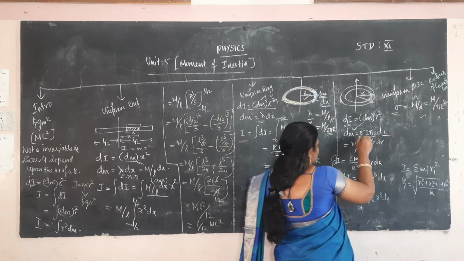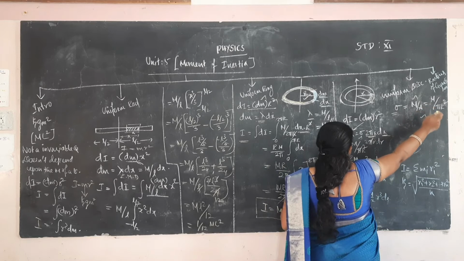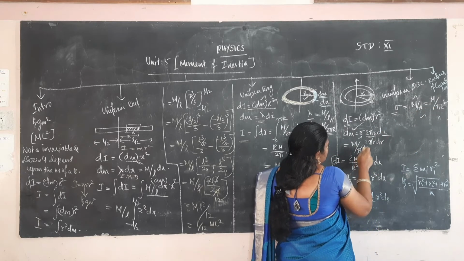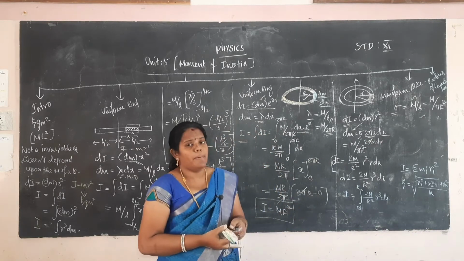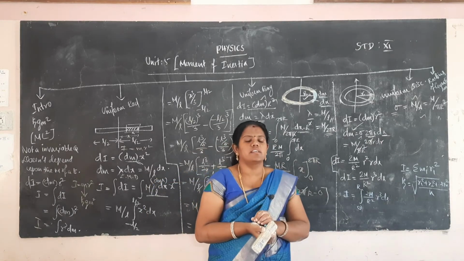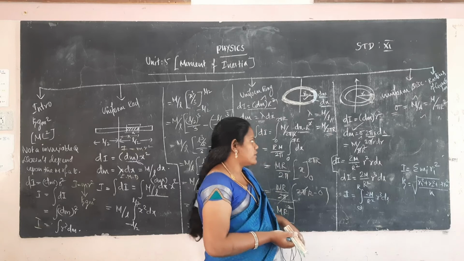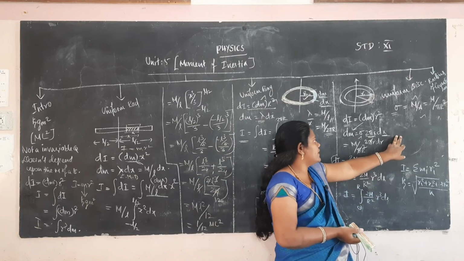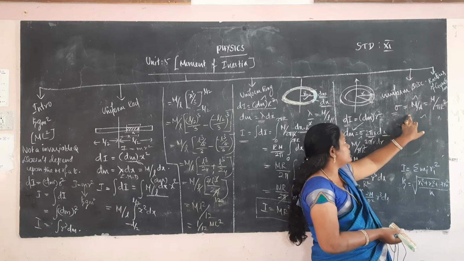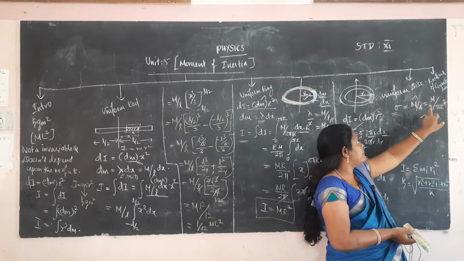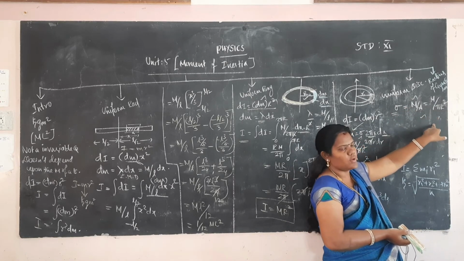So we substitute the sigma value. Sigma is m by pi r square, so dm is m by pi r square into 2 pi r into dr. This part has the area of the circle and the circumference of the circle. The surface mass density is mass per unit area, so m by pi r square.